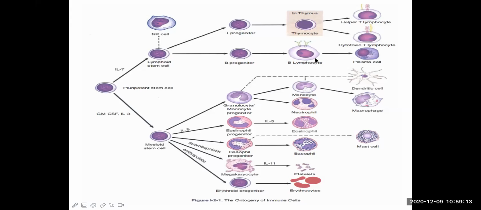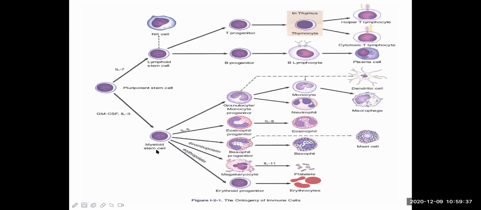So roughly we can say B cell or B lymphocyte secretes antibody as well. You are not incorrect if you say that. To revise, from the lymphoid stem cell, we have natural killer cell, T lymphocyte, and B lymphocyte. T lymphocytes are of two types, helper and cytotoxic.